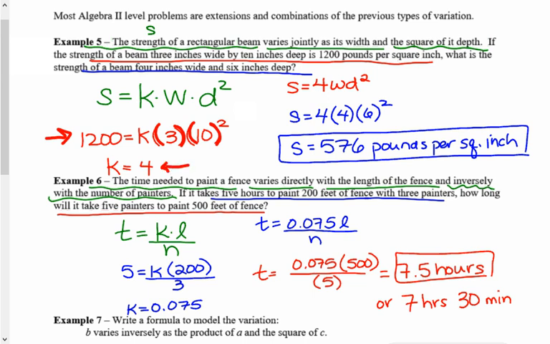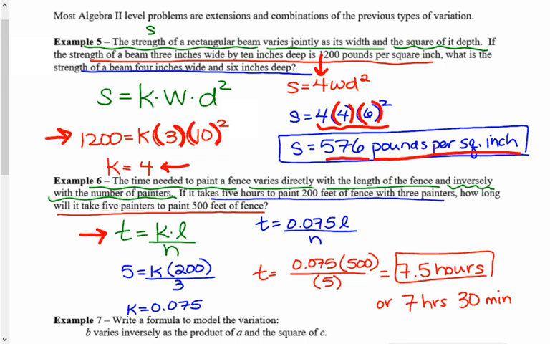Plug 4 back into our original problem and then plug in our new stuff that we learned. We learned the width was 4 when the depth was 6. I multiply all of this together, gives me 576, and my units for strength was pounds per square inch. All right, on example 6, we had our original equation that we had written.